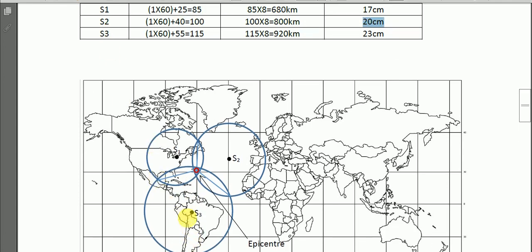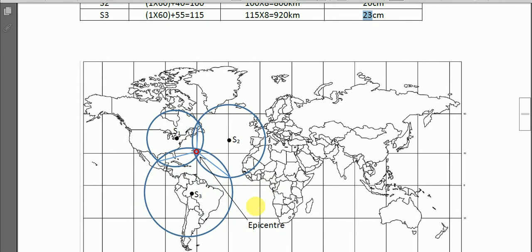First we have to locate on the map, and 23 centimeter as the radius we are drawing a big circle. And all these circles are intersected here, okay. All the 3 circles are intersected here, and this point where all the 3 circles are intersected is the location of the epicenter, as indicated here. So in this way this epicenter is located.